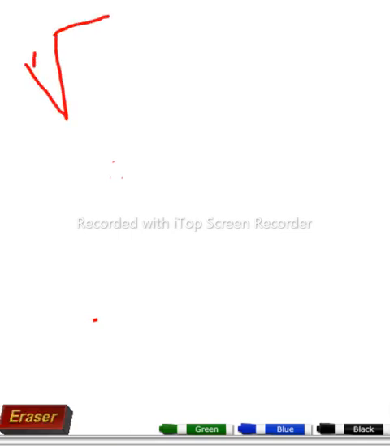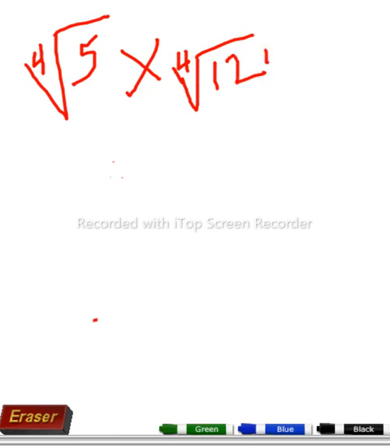Here we do not have the same radicand, but we can take one of them and multiply this equation again and again. Let us see.